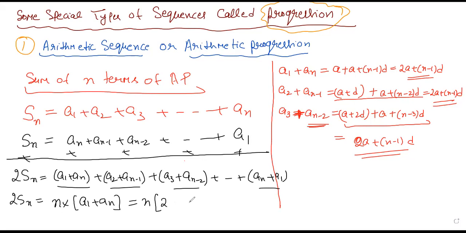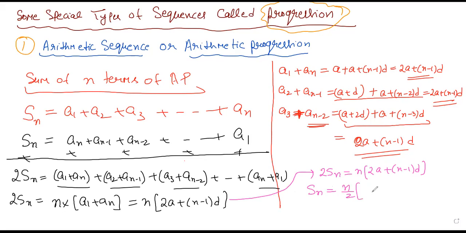That is 2a plus n minus 1 d. Clear? So from here we got the sum. So 2Sn equals n times (2a plus n minus 1 d). So finally we are getting Sn equals n by 2 times (2a plus n minus 1 d). Students, this is the formula for the sum of n terms of an arithmetic progression.